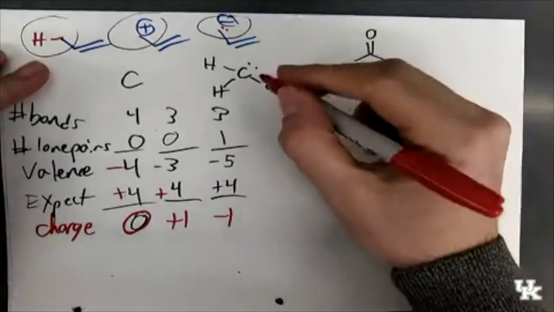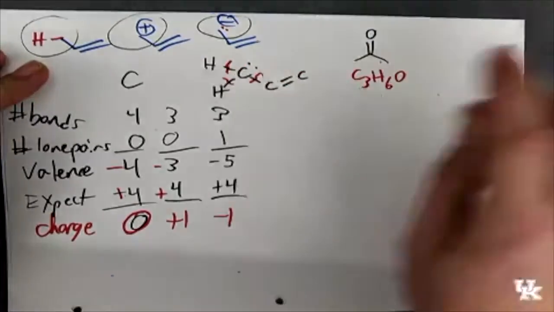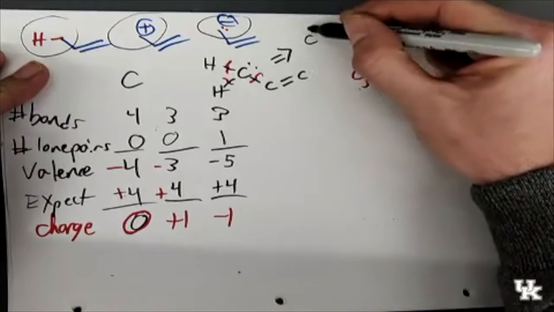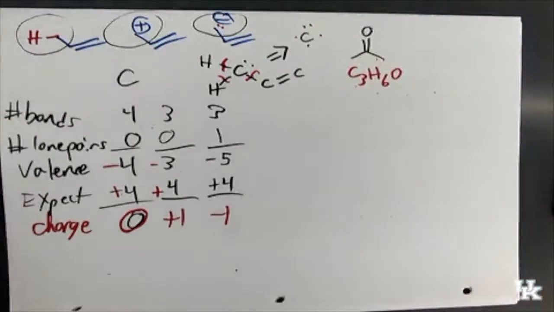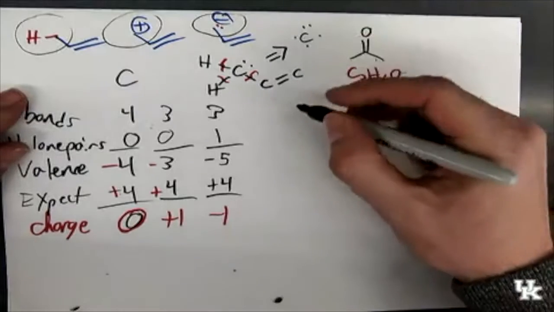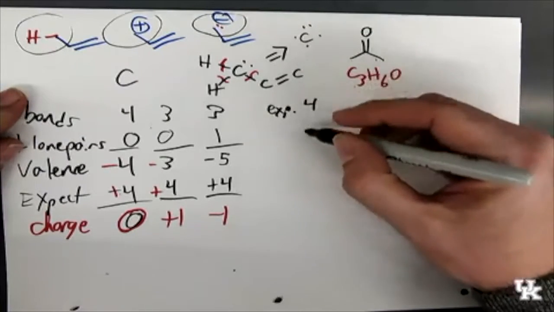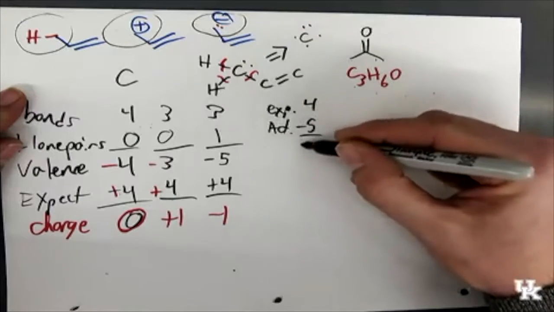This carbon has, again, the same 2 lone pairs, by itself. So now it has 5 valence electrons, and we expected 4. Actual is 5. 4 minus 5 equals -1.